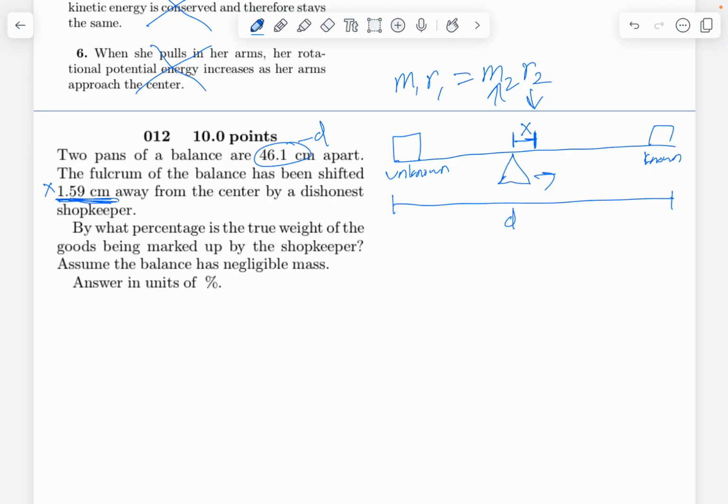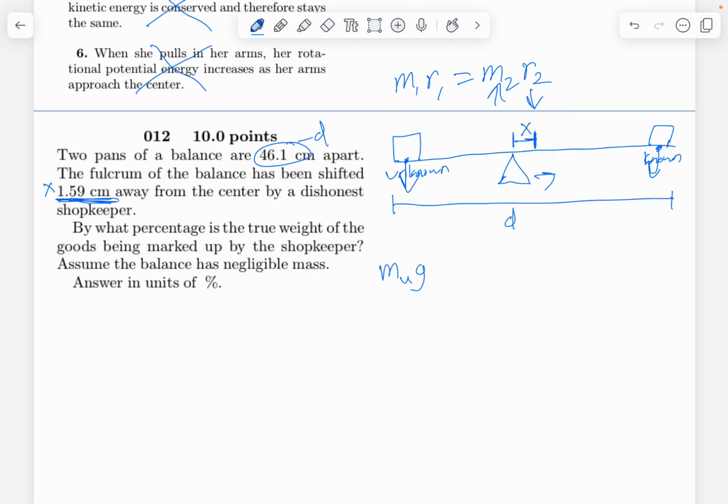So if we do our balanced torques equation, the torque from the unknown mass has to equal the torque from the known mass. The force of gravity is already perpendicular, so the force is just m. I'll do mass of the unknown times little g.